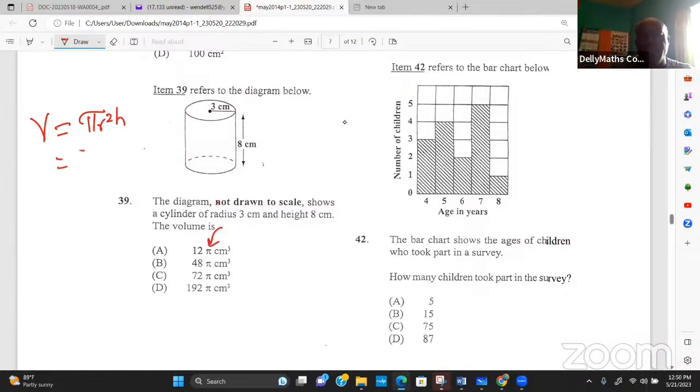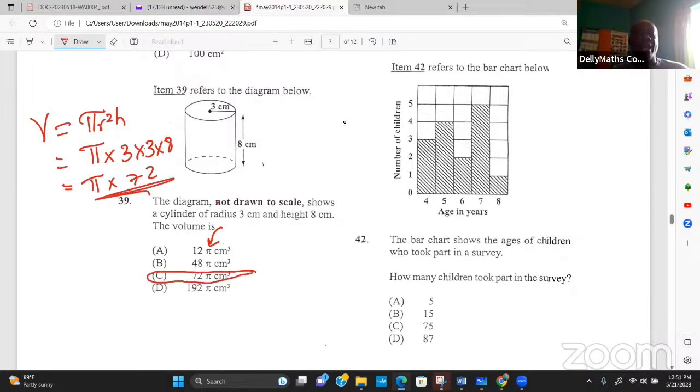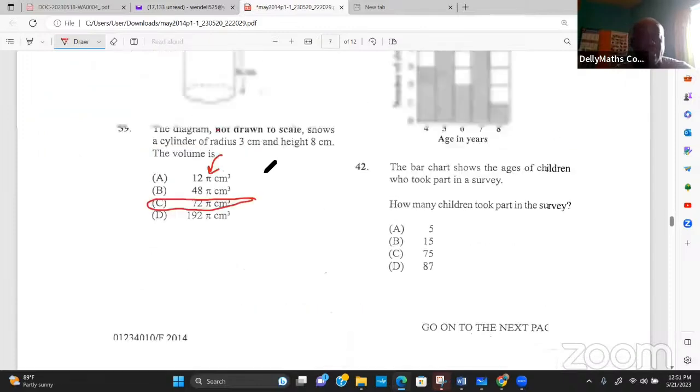Volume is pi times 3 squared times 8. So pi times 9 times 8 is 72. Here it is, 72 with a pi. There you go, 72 pi, and you're gone. So don't overwork. Always take a quick look at the questions and look back at your responses so you don't work unnecessarily.